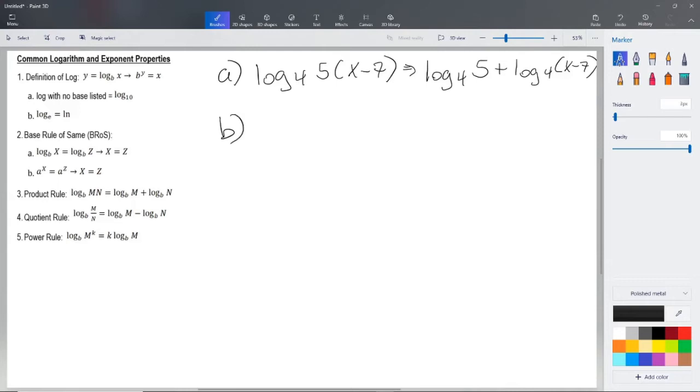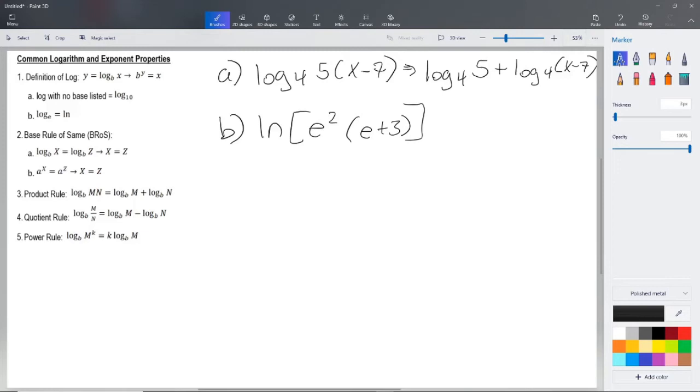All right, part B of this example, we have the natural log. We haven't seen one of those just yet, other than us talking about definitions, of e squared times e plus 3. They've given us some fun parentheses to use in our writing on this particular one. But the same thing happens from the last one. It doesn't matter that it's a log base 4 and this is a log base e.